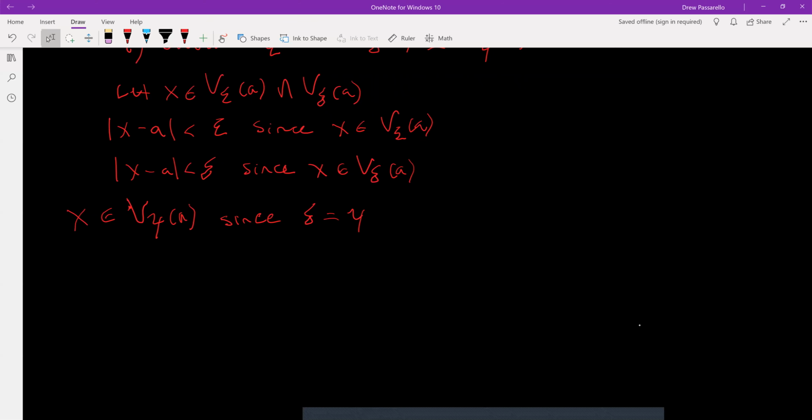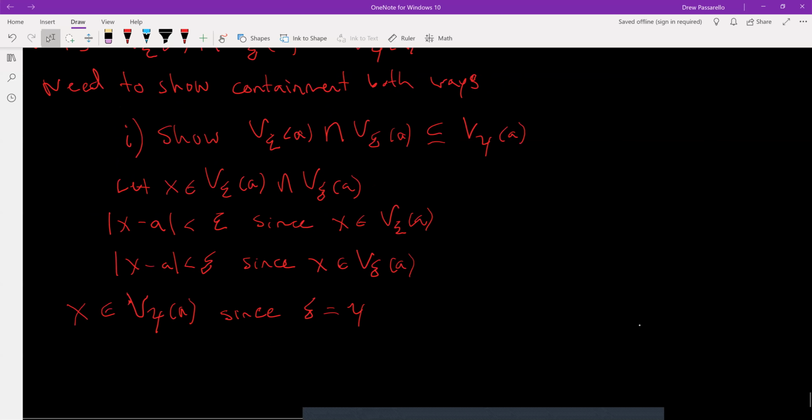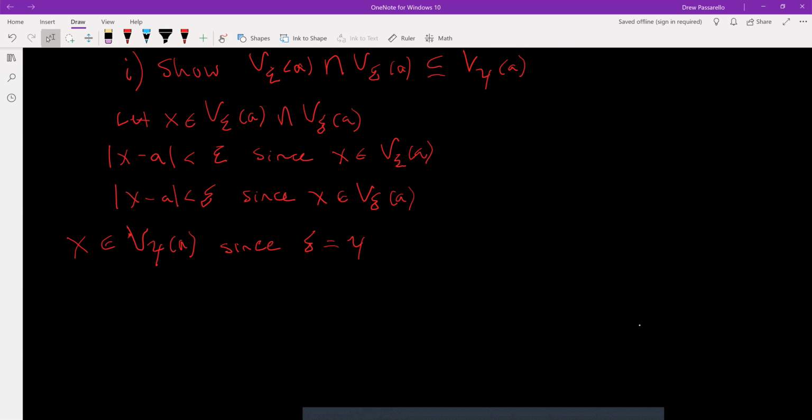All right, so then we're pretty much done for that direction. Thus, the intersection of the two neighborhoods is equal to the delta neighborhood, which is equal to the gamma neighborhood.